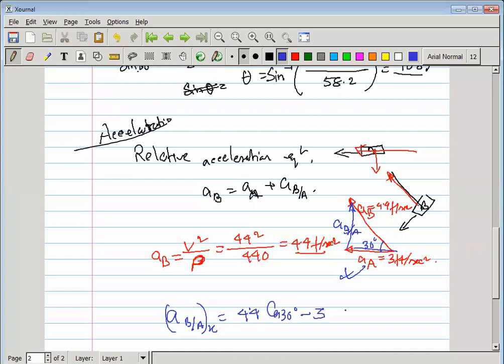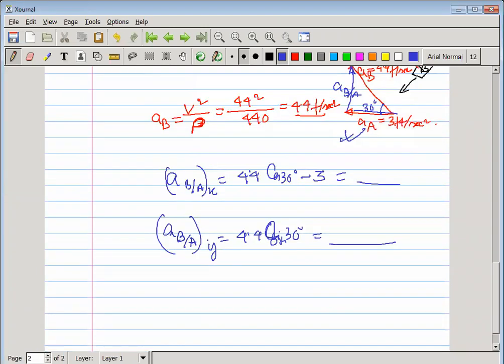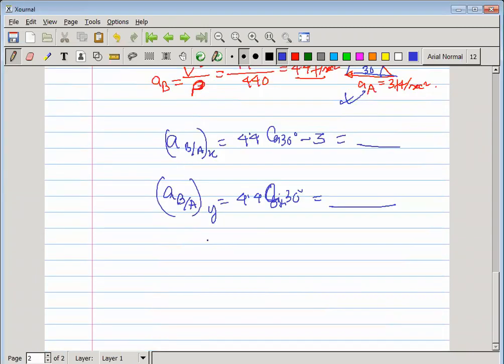So minus 3 will give some value, and the relative acceleration along y will give you 4.4 sine 30 degrees. So it will give you the y component of the relative acceleration. So we simply put these two values and we can easily find out the result.